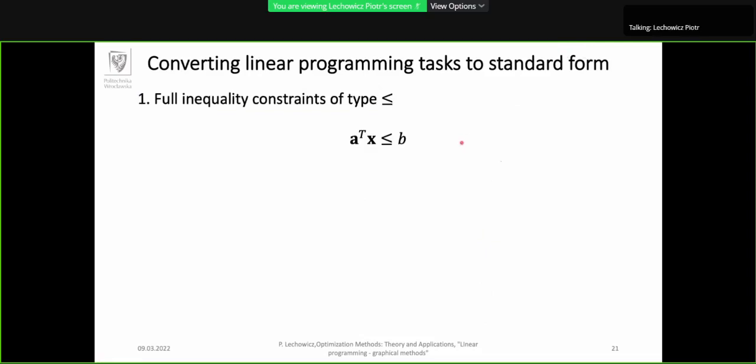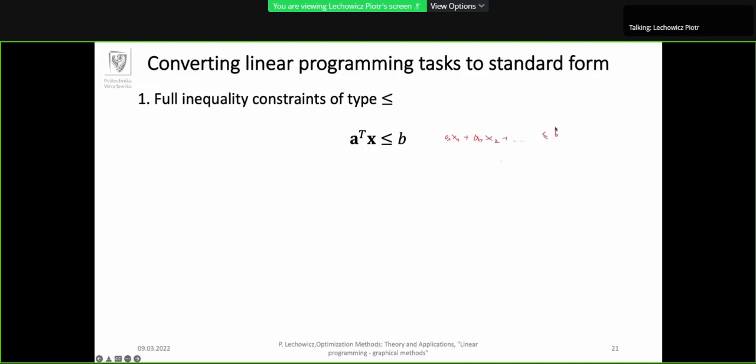So let us first consider inequality constraints of type lower or equal. Here we have a vector equation. We have a vector of coefficients multiplied by variables, which is lower or equal than a certain constant, right? So it's a1 multiplied by x1 plus a2 multiplied by x2, and so on.